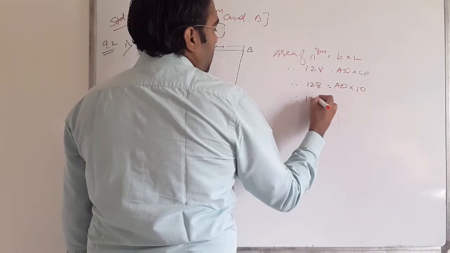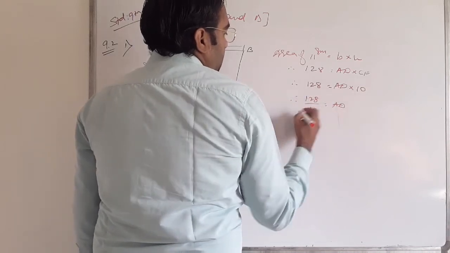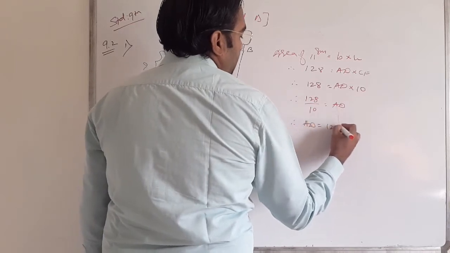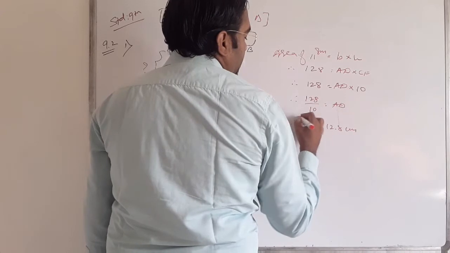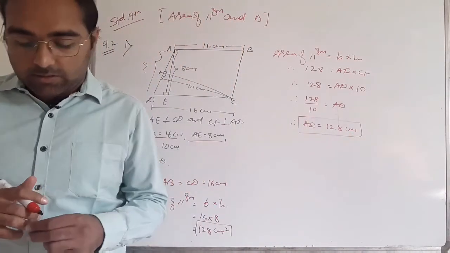So 128 by 10 equal to AD. Therefore AD is equal to 12.8 centimeter. Clear? Please note this down first.